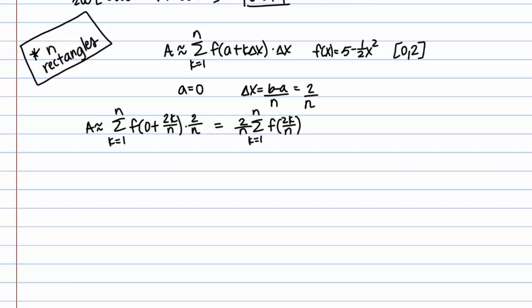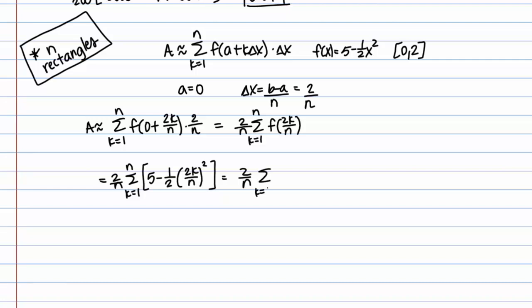And now, like I've done in all the other ones, I'm going to take 2k over n and plug it into my function. So I have 5 minus 1/2 times 2k over n quantity squared, and all that is inside the summation.